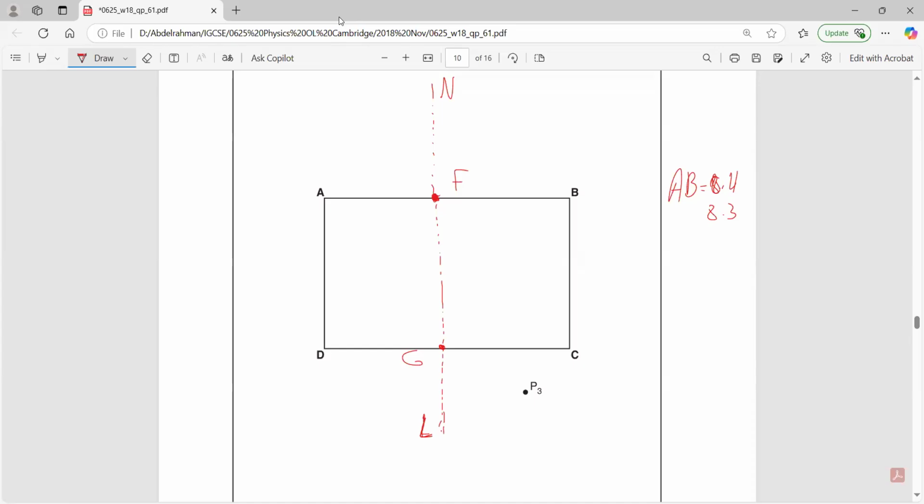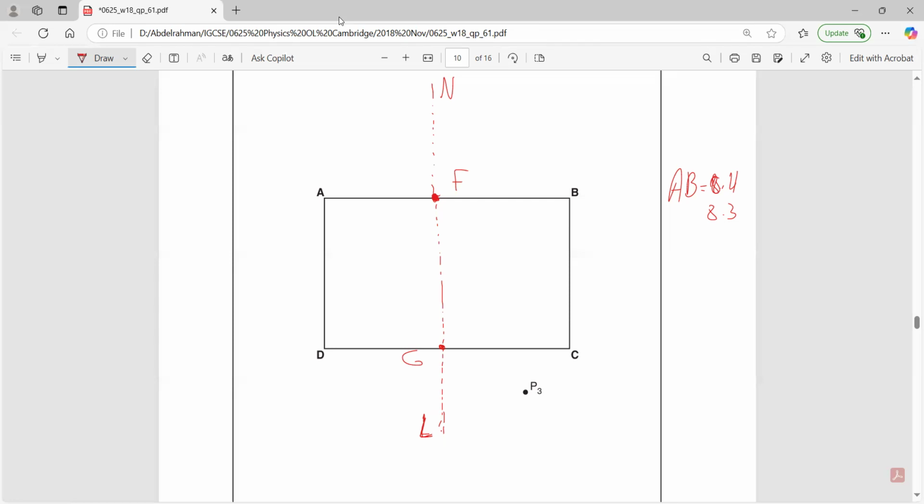So please draw this normal very carefully. Make sure it's exactly 90 degrees, and exactly at the center of AB and the center of CD, and draw it with a thin pencil.